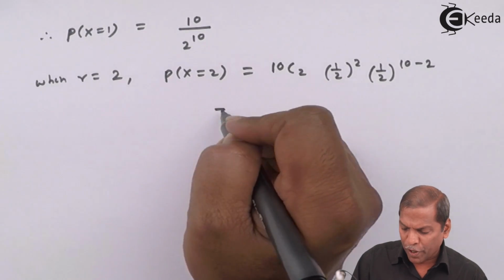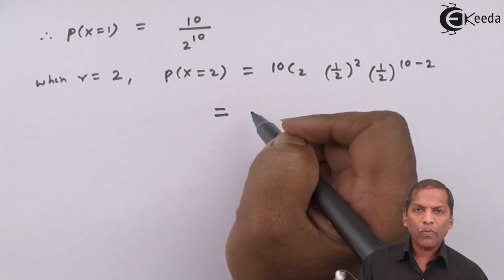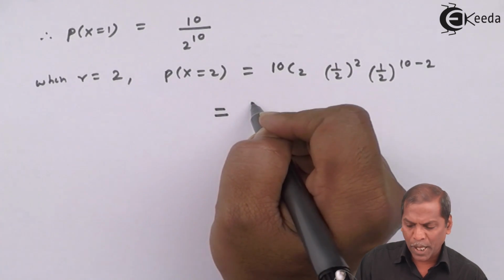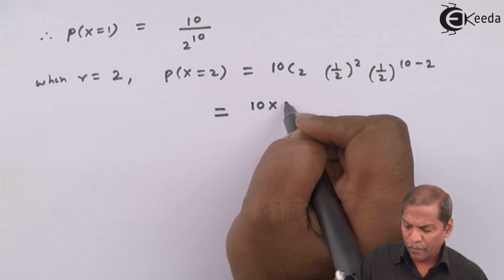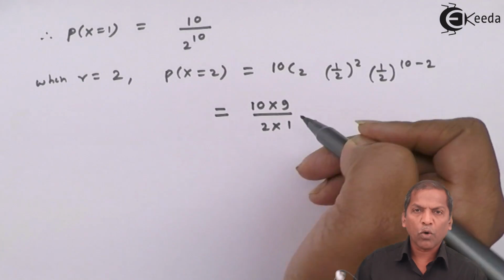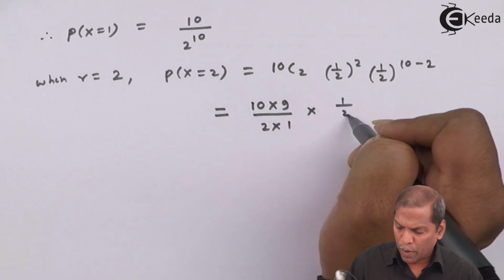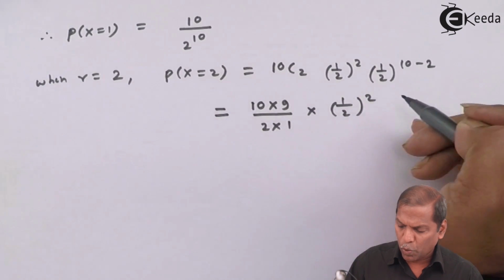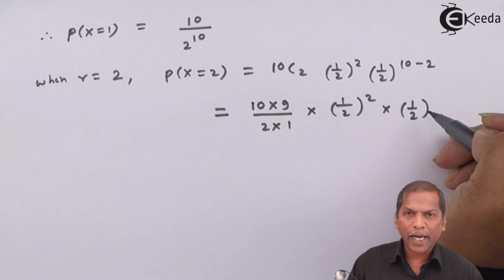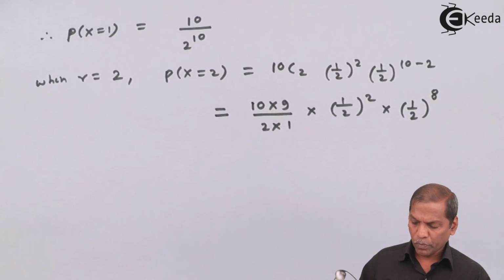Now 10C2 can be calculated in shortcut way as 10 into 9 upon 2 into 1, then into 1 by 2 raise 2, again into 1 upon 2 raise 8.